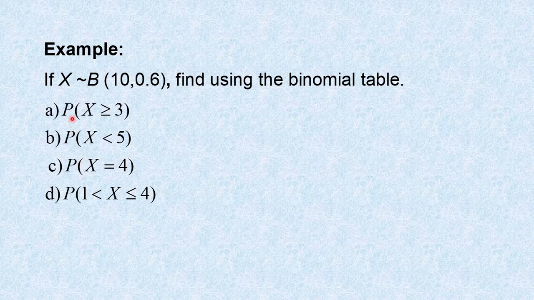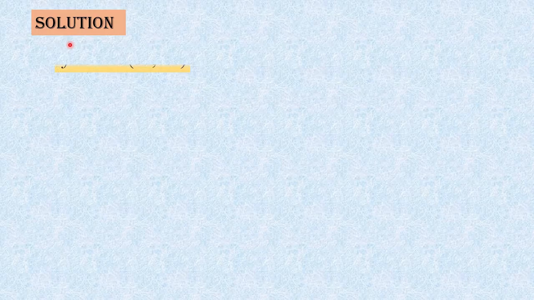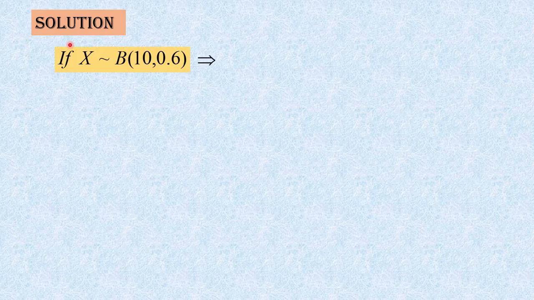So what is the answer for A? Now we continue. A, if x is a binomial distribution, n is 10, p is 0.6, we need to change to y. Y is a binomial distribution, n equals 10, and the value for q is 1 minus 0.6, that is 0.4.